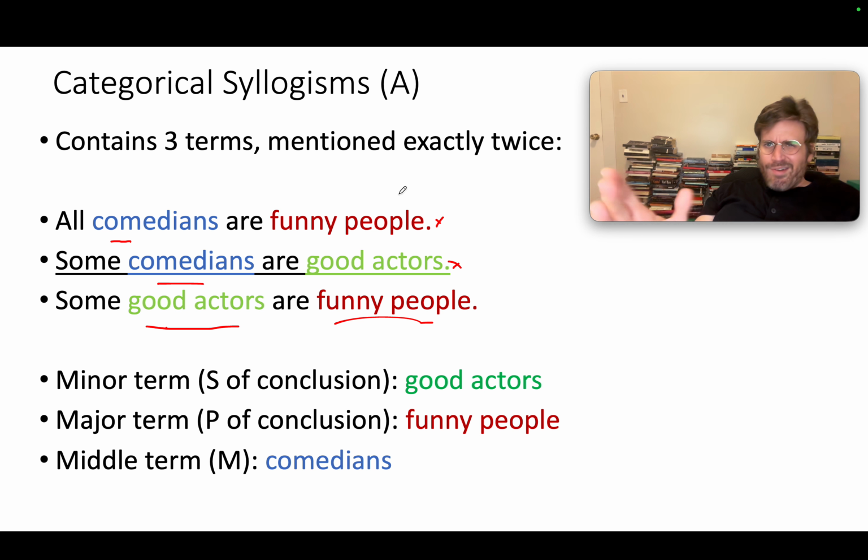So we have an interesting configuration of class terms here, where the minor term appears as predicate and subject, the major term appears as predicate twice, and the middle term appears as subject twice. Okay, so this is just an example of a standard breakdown of a categorical syllogism.